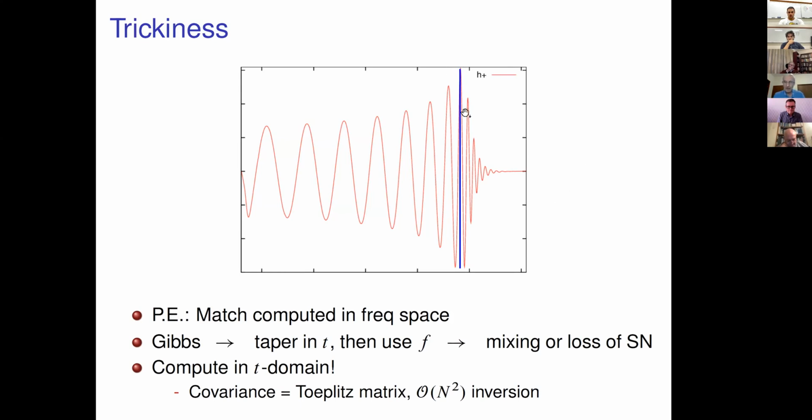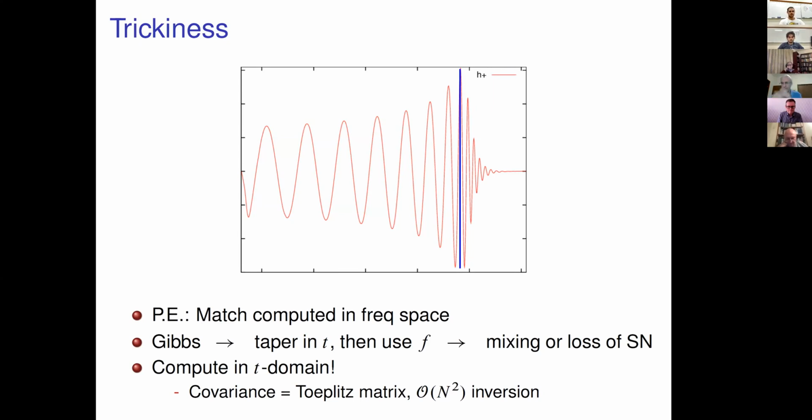However, if you take a signal which starts up here, so it starts at non-zero, and then decays away to 0, like this, or conversely starts from 0 and then ends at not 0, those are not periodic signals. So if you blindly Fourier transform them, you get Gibbs phenomena, and your signal is contaminated by high frequency noise, and you can't analyze it.